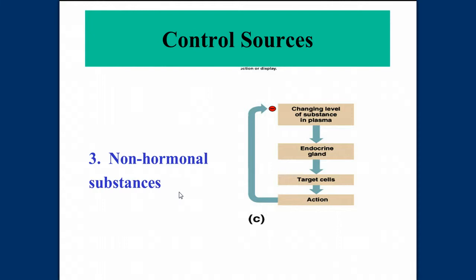So the calcium levels in the blood can also elicit a change in the endocrine gland and the releasing of hormones to go to the target cells. The action would be to increase where there are deficiencies, or decrease where there is an overabundance of whatever. Okay.